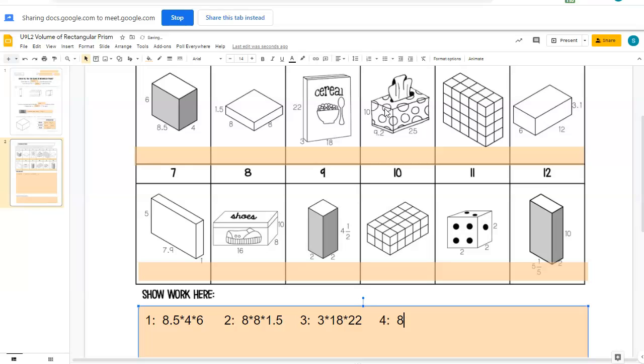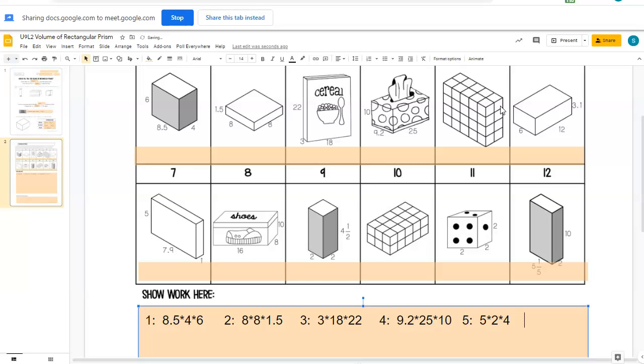Okay, for our number 4, that's the tissue box, that is 9.2 times 25, that's our base, times 10 for our height. This one, well, we've got 1, 2, 3, 4, 5. So this is, by the way, number 5. So it's 5 times 2 for my base. And then we've got 1, 2, 3, 4, so times 4 tall.